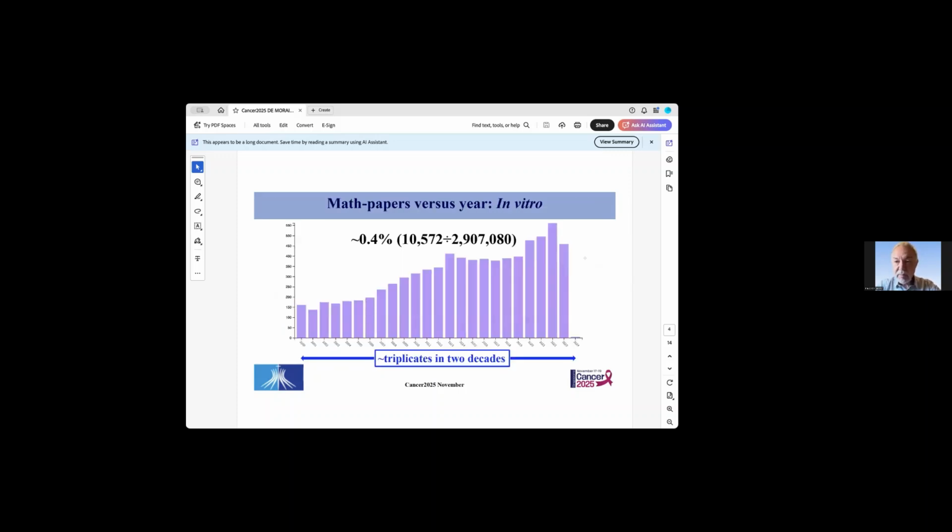The good thing about this, perhaps novel to you, is that in the last 2 to 3 decades, the number of papers using mathematical models is increasing. This is a very good hope for the future. Although the total number of papers including a mathematical model is still very small, I would say less than 1%.